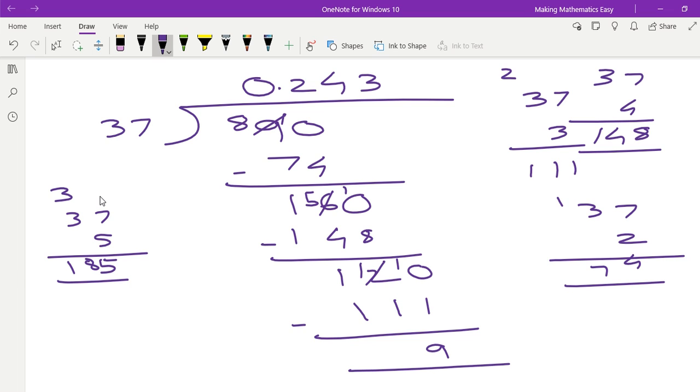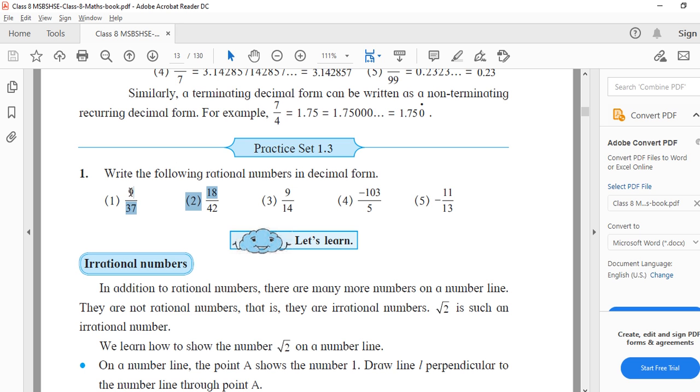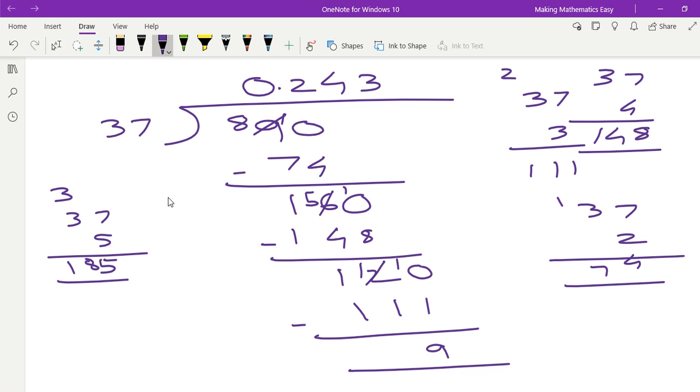Now if we see clearly, we have again come to the starting point. Our dividend was 9, and we have again come to 9. So what will happen next is, again we will take 2 over here, we will take 0, then 74. Basically these steps will get repeated after this.